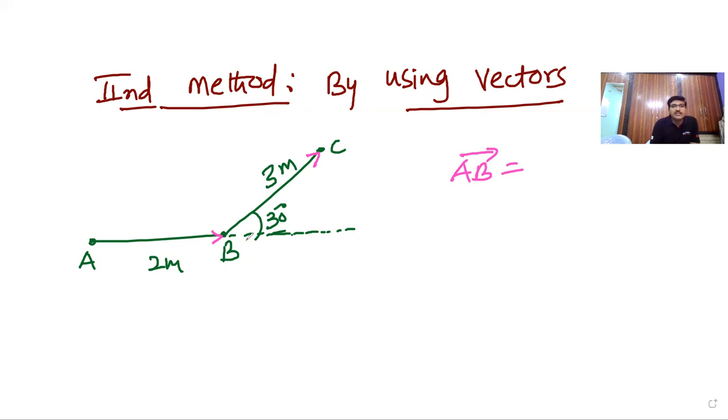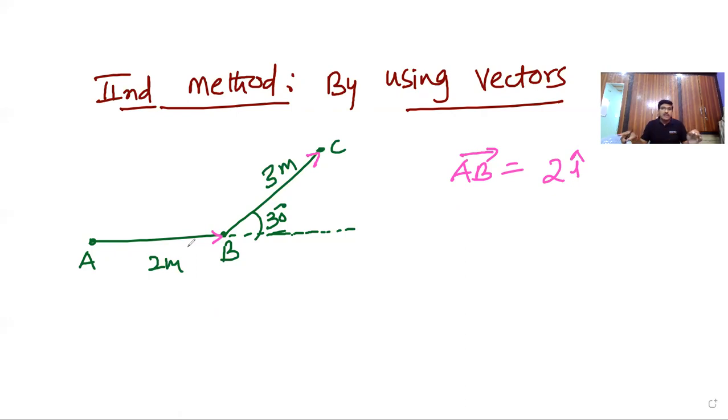Towards positive side, east side. Vector notation, magnitude towards positive x-axis. So unit vector along the positive x-axis, i cap. So 2 magnitude i cap, since it is towards positive x-axis. So AB bar in the form of vector we have noted.